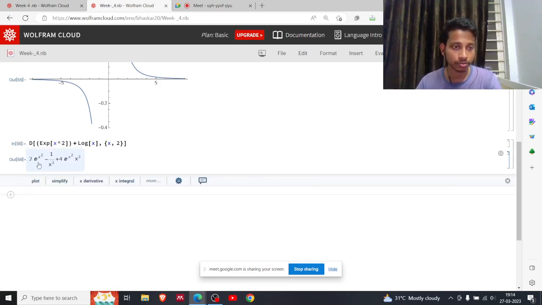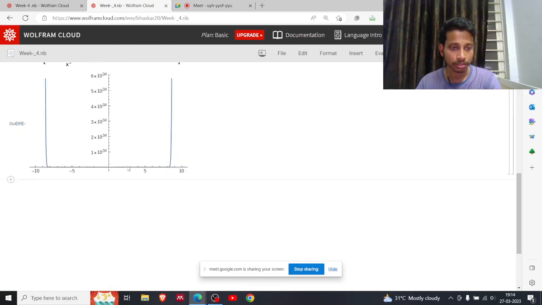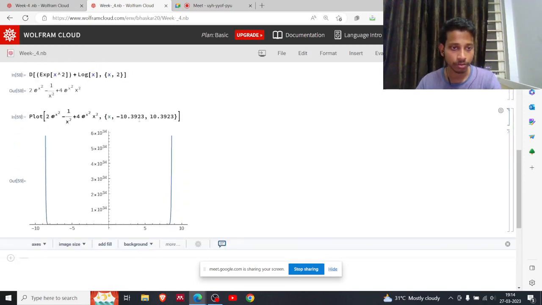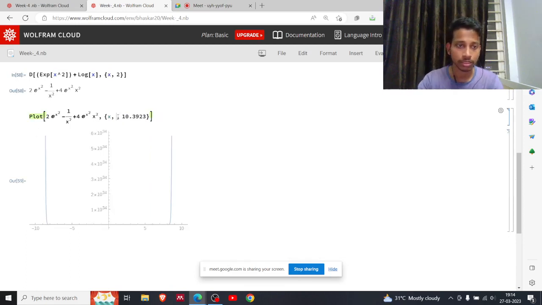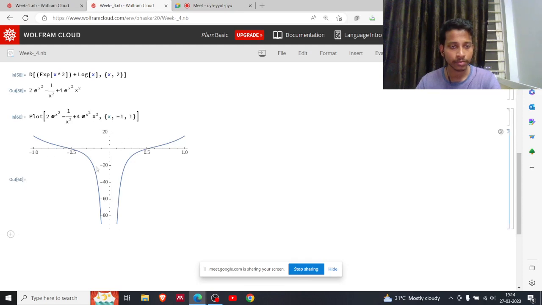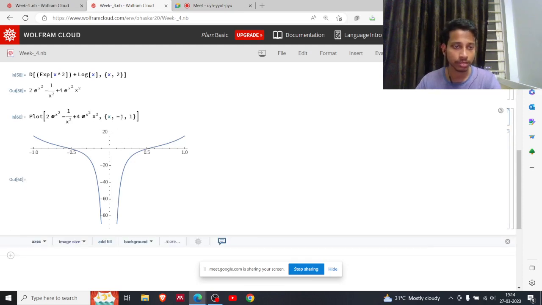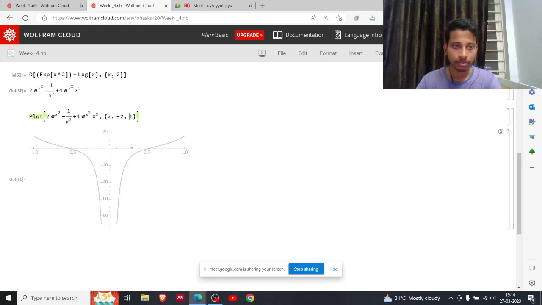The second derivative is 2 e to the power x square minus 1 by x square plus 4 e x square x square. If I plot this, I get this kind of plot. Now just change the range to minus 1 to 1. This is the plot in the range minus 1 to 1.